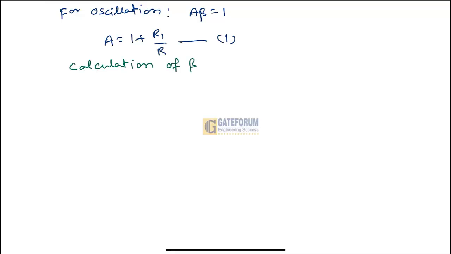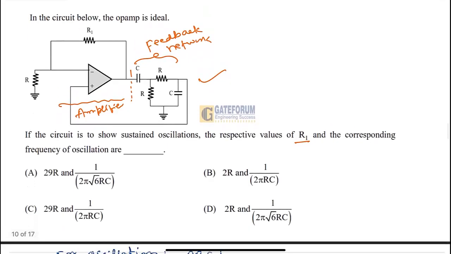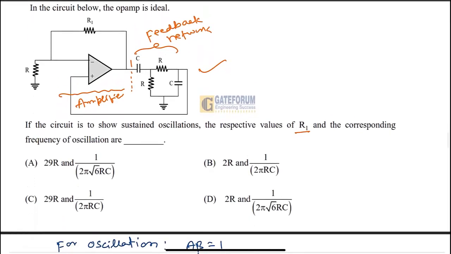Calculation of beta. If you see the left portion of this circuit, it is the basic amplifier working in non-inverting mode, so its gain is A equal to 1 plus R1 by R. Now we have to separate the second portion, which is called the feedback network.